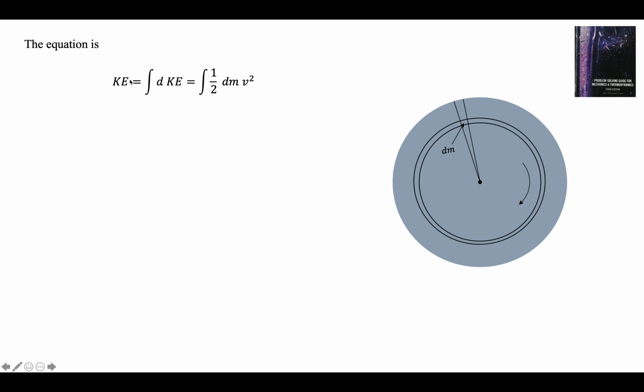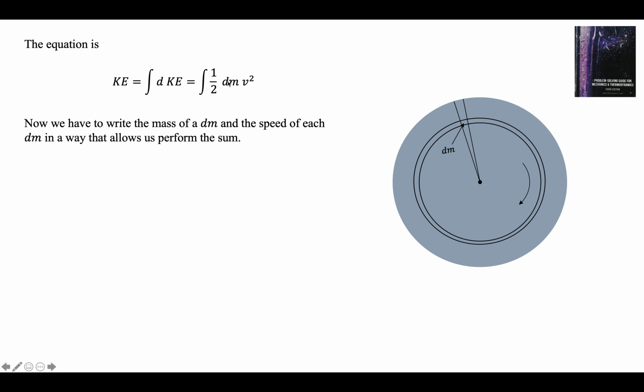So what we're going to do, the kinetic energy is the sum of all the kinetic energies of each piece, which is 1/2 dm times v squared of dm. Now we're going to have to write dm and the speed of dm in a way that allows us to perform this sum. So for the mass, it's pretty simple.